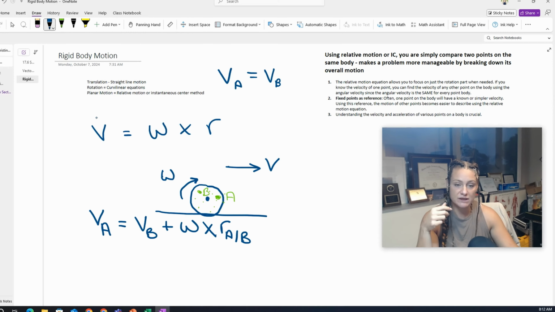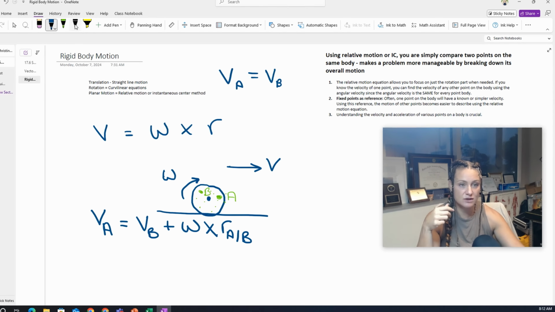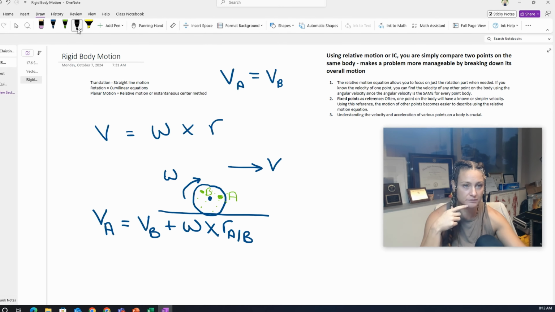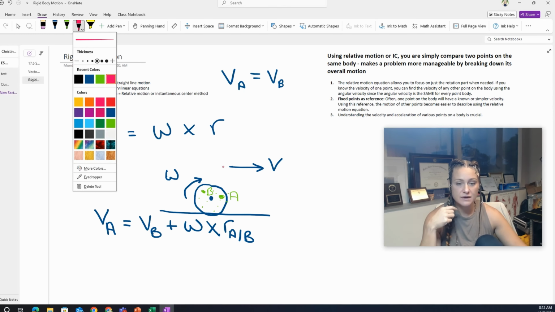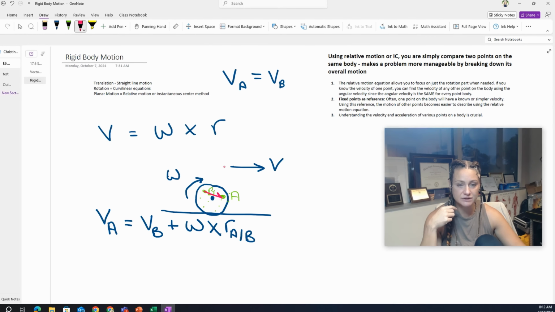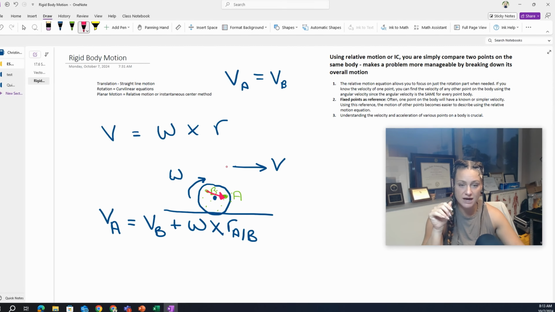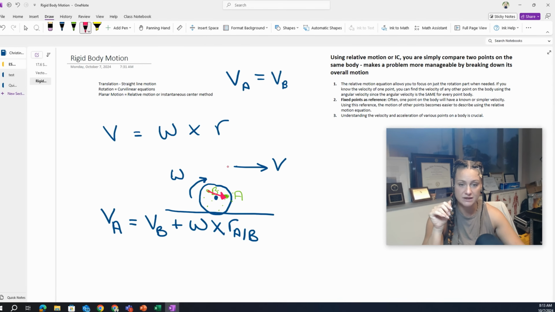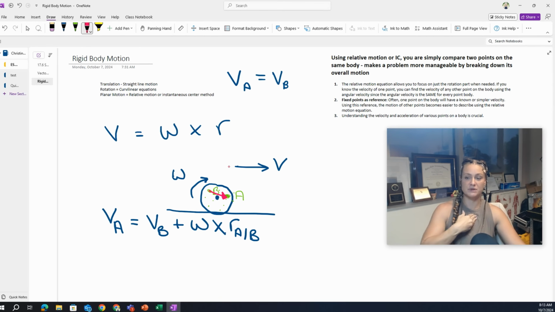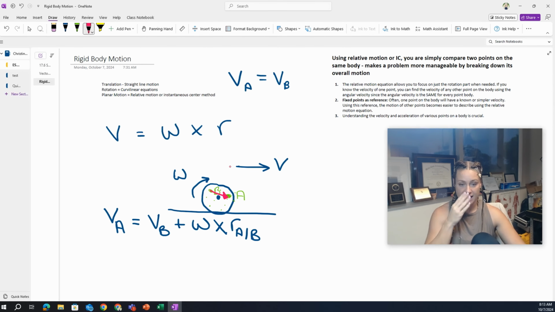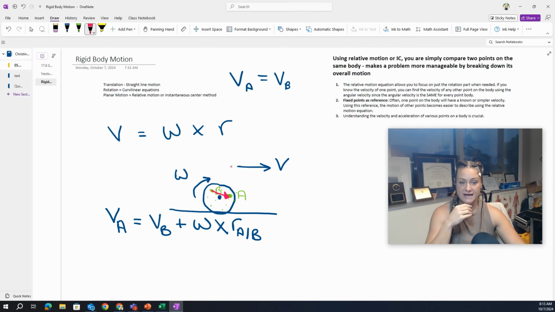I can draw a little vector here, I'll make it pink: vector A relative to B. In this moment, A is rotating about B, because if I'm sitting on B, from my viewpoint B is not moving. So if I'm looking at A, it will have the rotational aspect.